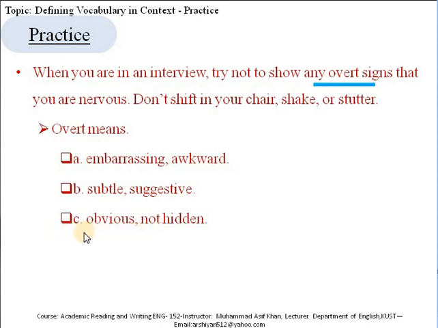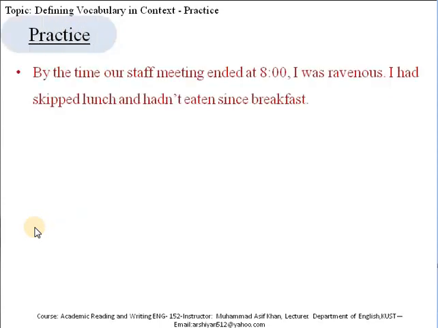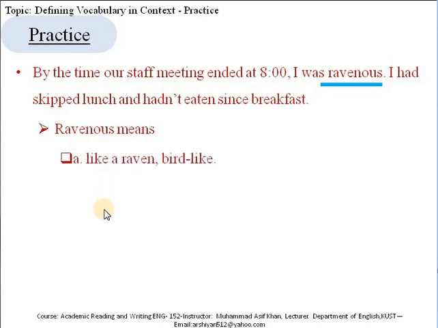Now I am going towards the third paragraph, and that is, by the time our staff meeting ended at 8 o'clock, I was ravenous. I had skipped lunch and hadn't eaten since breakfast. So you have to give me the meanings of this word ravenous. The first option is like a raven, bird-like, extremely hungry, greedy for food.